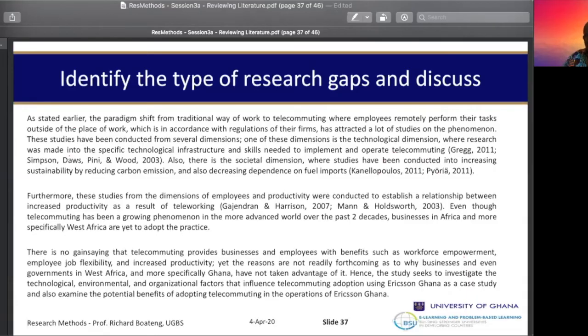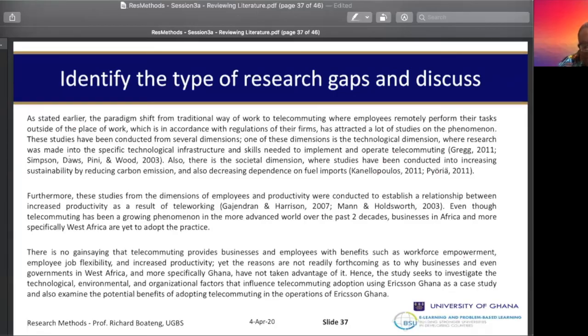This one is a domain context gap: even despite all the benefits of teleworking or telecommuting, businesses and governments in West Africa, and more specifically Ghana, have not yet taken advantage of it.